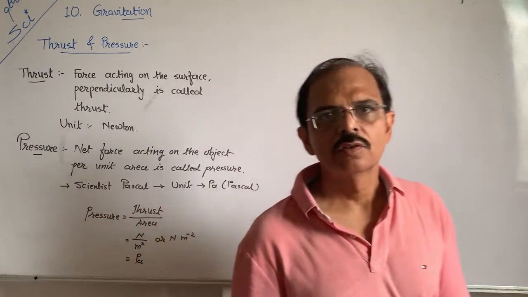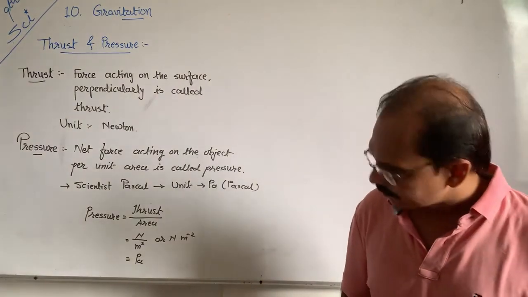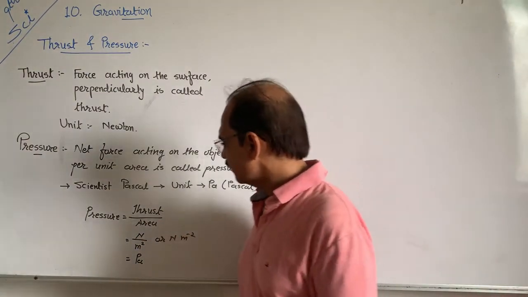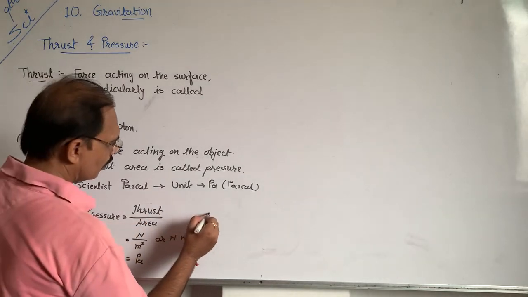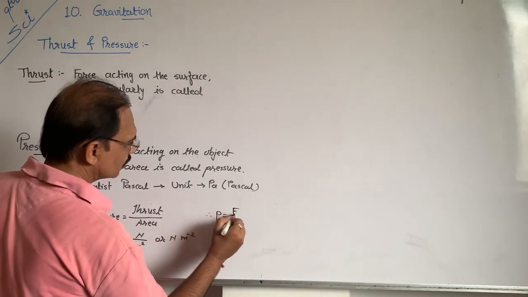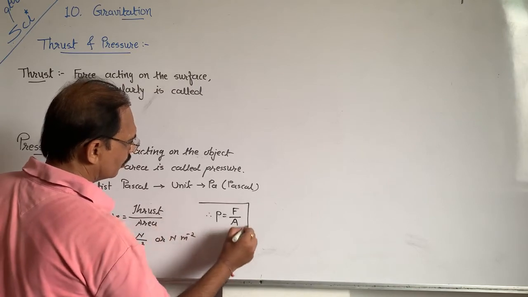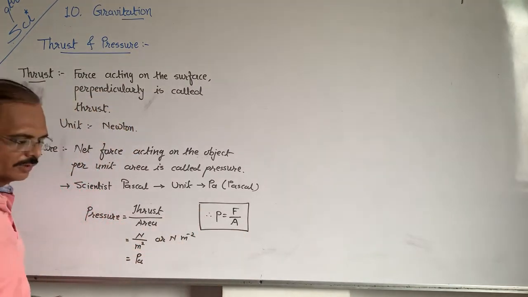So pressure P equals thrust upon area, or force upon area. Force upon area is the formula to find out pressure.